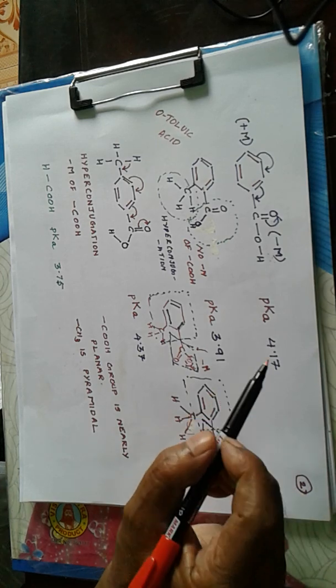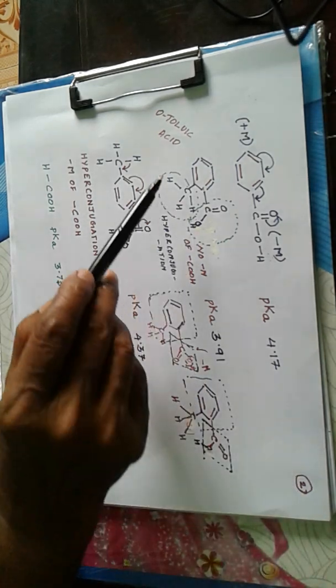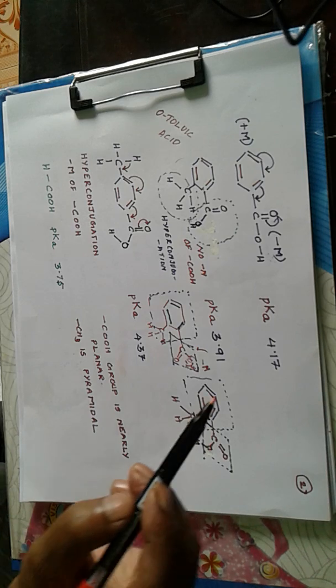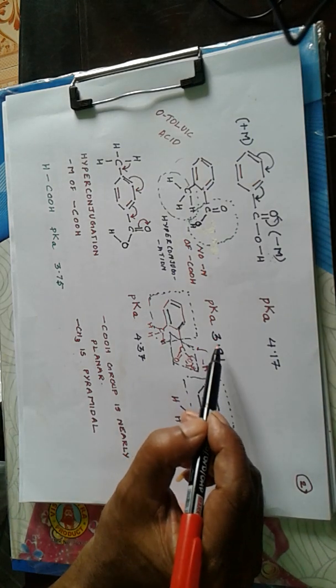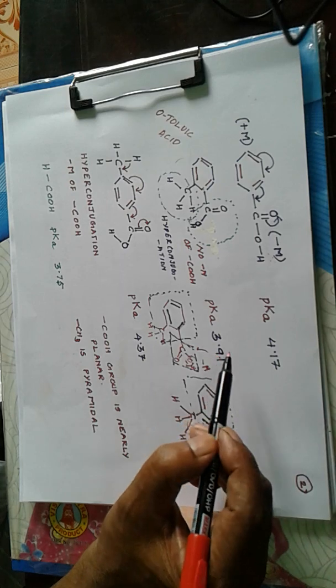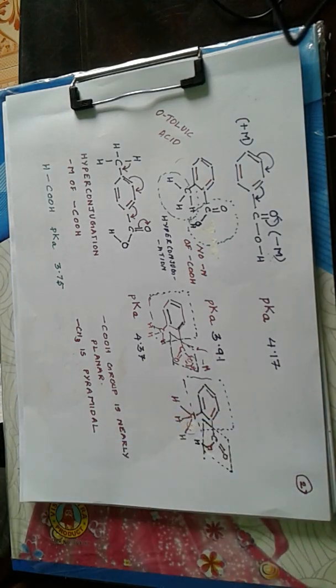So we can say this orthotoluic acid is a stronger acid than benzoic acid, and experimentally it is found that it has a lower pK value of 3.91. So a lower pK value indicates higher acid strength.